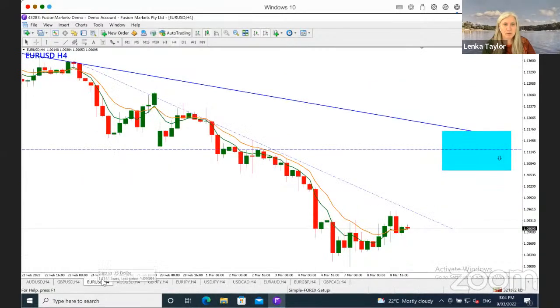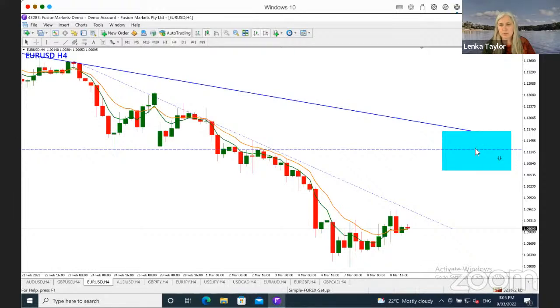Next currency pair I'm looking at is EUR/USD. Again, looking for short on this one, either at the little trend line there if it doesn't go any further.